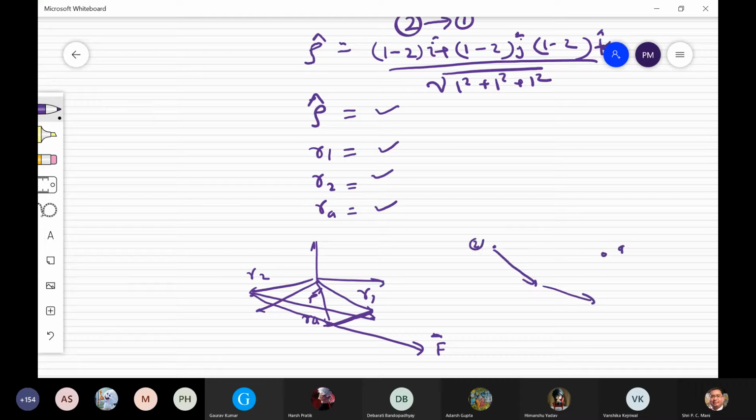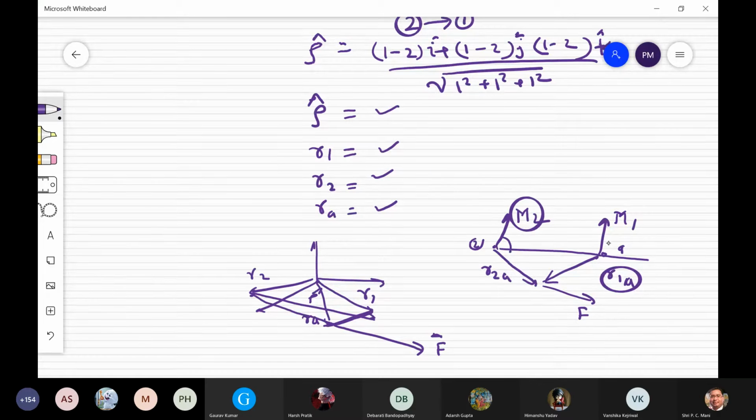Either you can take R2 to A point, or similarly R1 to A. So you will get that moment vector, say M1 or M2. Now if you are taking M2, you have to project it on this; similarly you have to project M1 on this.